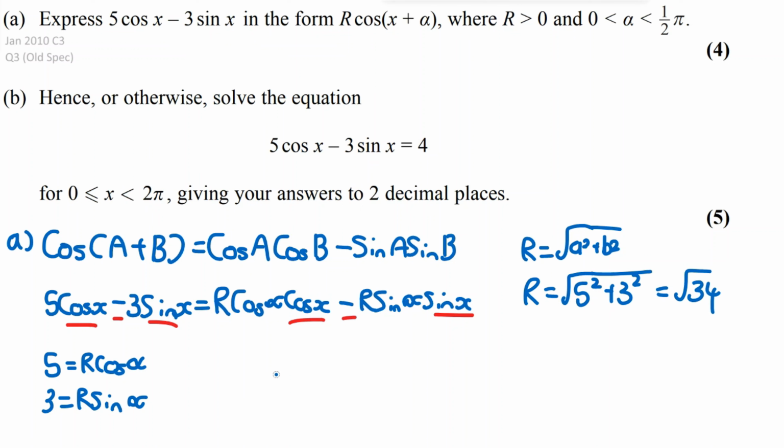And then to figure out alpha, we're going to do r sin alpha over r cos alpha, which simplifies to tan of alpha. So tan of alpha is equal to r sin alpha, which is 3, over r cos alpha, which is 5.